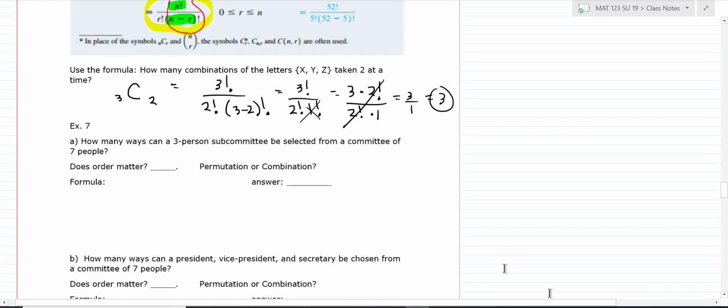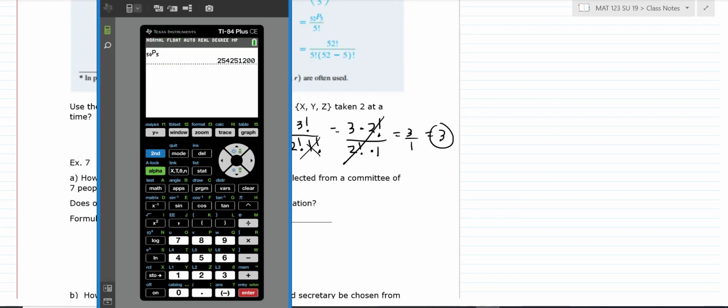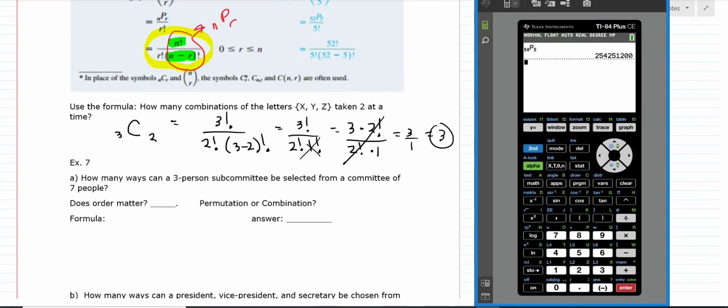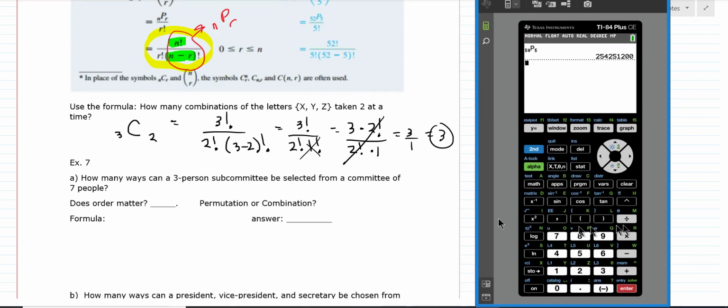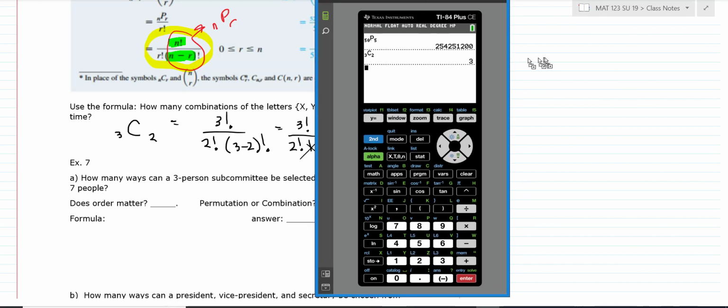The way this goes on the calculator, I'll go ahead and show you now. If we do the problem that I just did, we would put in the 3 on the home screen first, then go to math, probability. Now you go to option 3, which is a combination. Then you put in the 2, and then you get the 3. Okay, so that's what you end up getting.